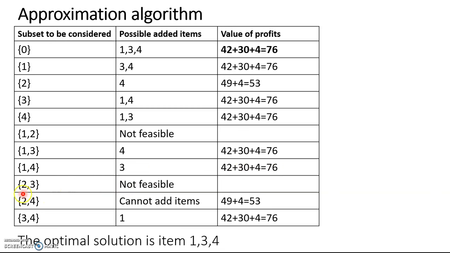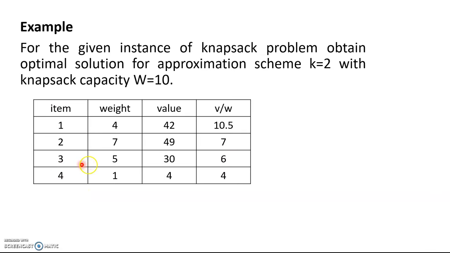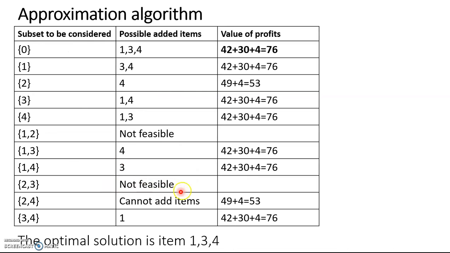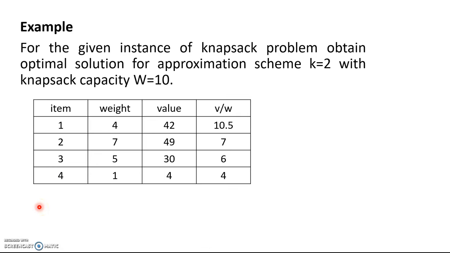Now come again to 2 and 3. If you place items 2 and 3, its weight exceeds the capacity of my sack, so it is not feasible. So here itself it stops. And if you put items 2 and 4, its weight becomes 7 plus 1, which is 8. It is within the capacity of my sack.